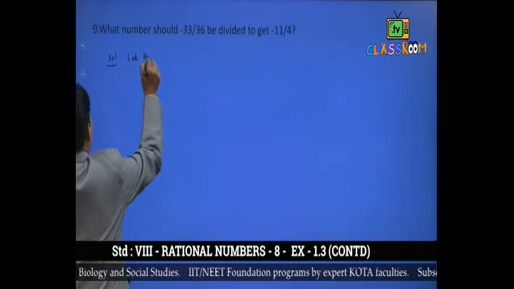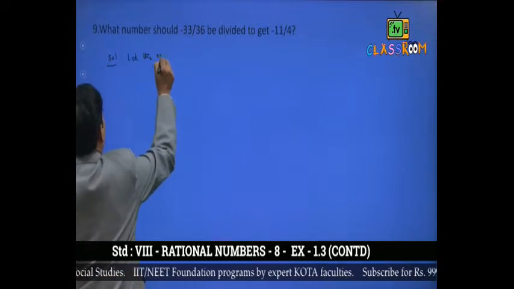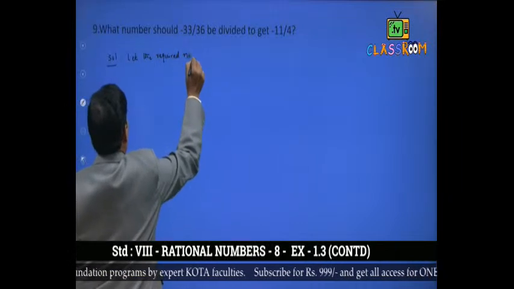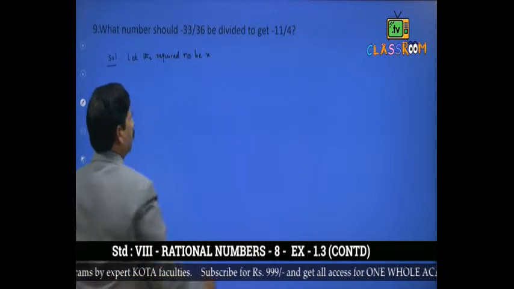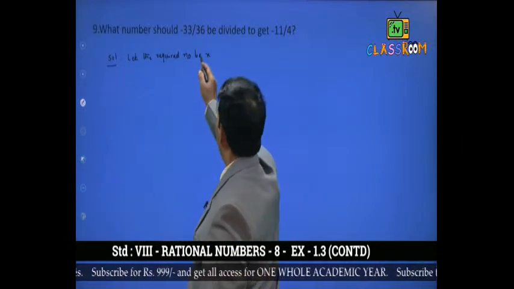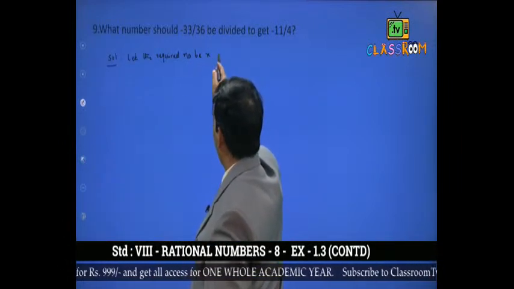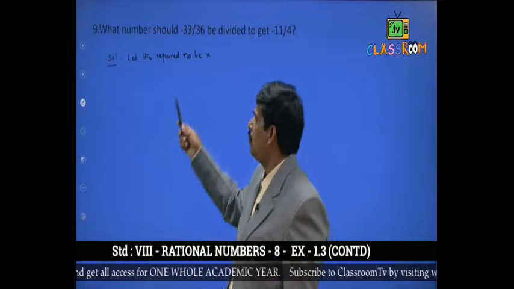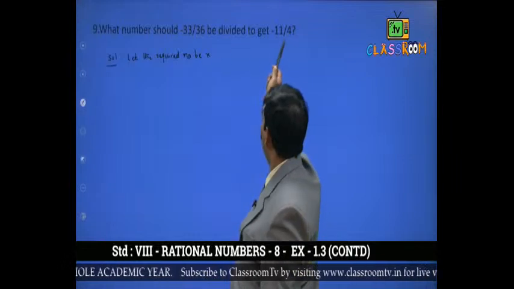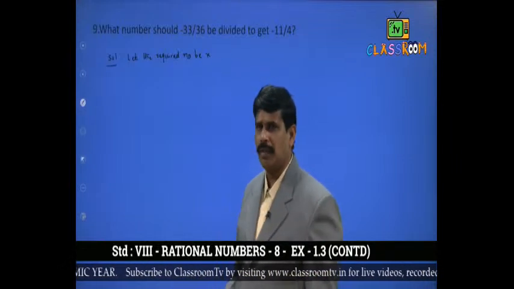Let the required number be x. So this minus 33 by 36 should be divided by x to get minus 11 by 4. That is the question.